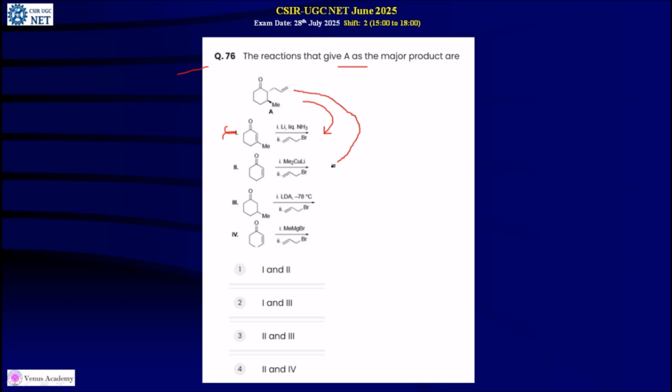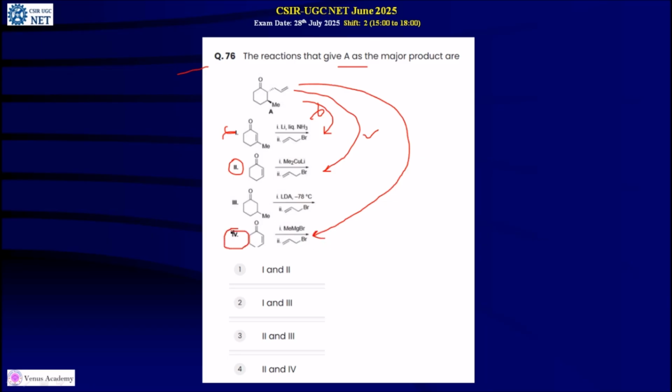So here Gilman reaction followed by, yes, alpha alkylation, yes, this reaction is going to give the product. This is no, this is okay, and here what is going to happen? Methyl magnesium, yes, Michael addition followed by alkylation.